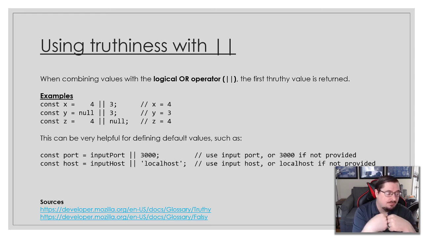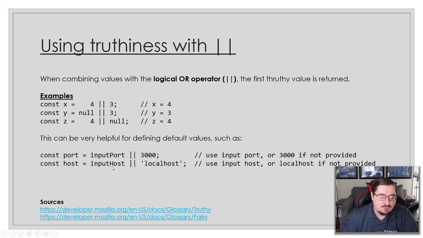It can be really helpful for defining defaults. So for instance, if I want to say, let the user pick a port, but if they don't pick a port, then default to 3000, I can write it like so. Take the input port, the port that they selected, or 3000. If they don't pick a port, it's 3000.